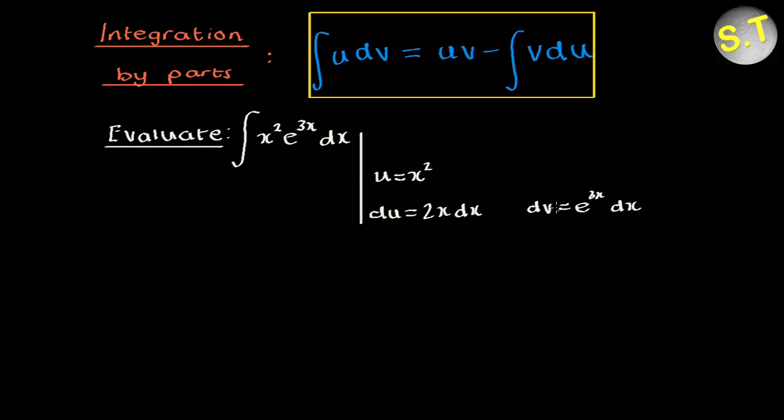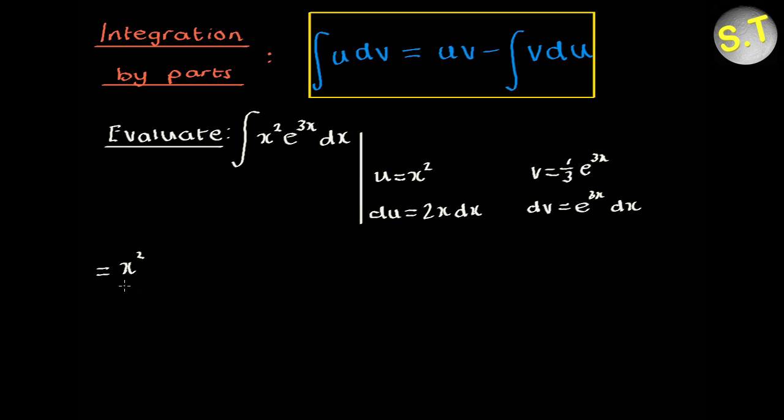So if we integrate this, we have v equals, and directly integrating, as we saw in the previous video, we'll have a third e to the 3x. To simplify the problem, we just add the constant of integration at the end when we're finished. So following on from our formula, we have uv, so x squared times a third e to the 3x.